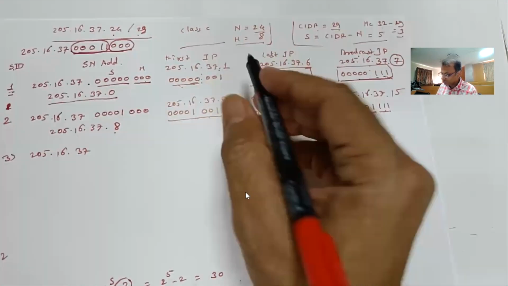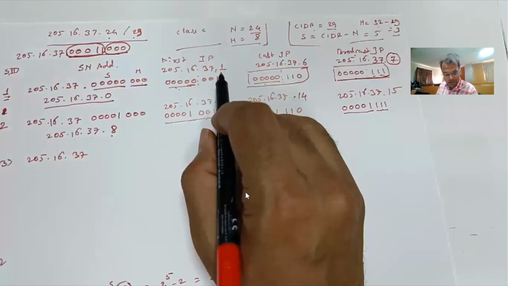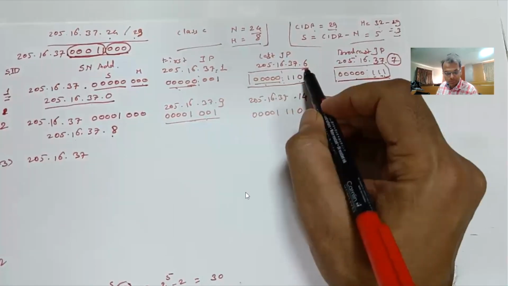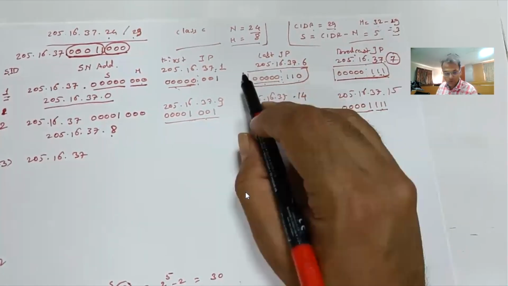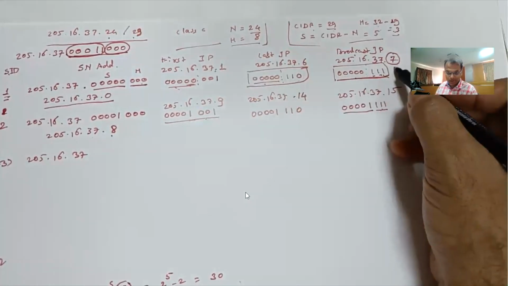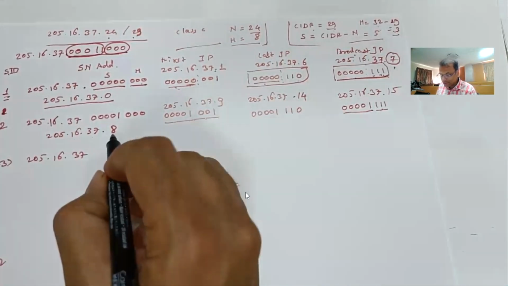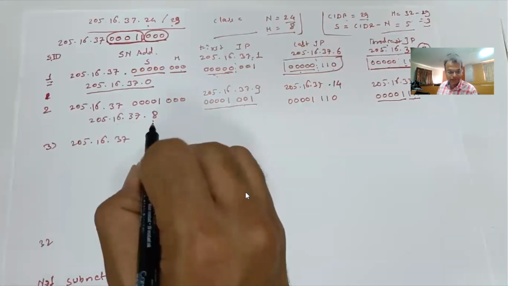You should also count this as the first valid IP. So 6 is the last IP address: 1, 2, 3, 4, 5, 6. The next IP address is the broadcast IP address. After the broadcast IP address, the next IP address is the next subnet address.